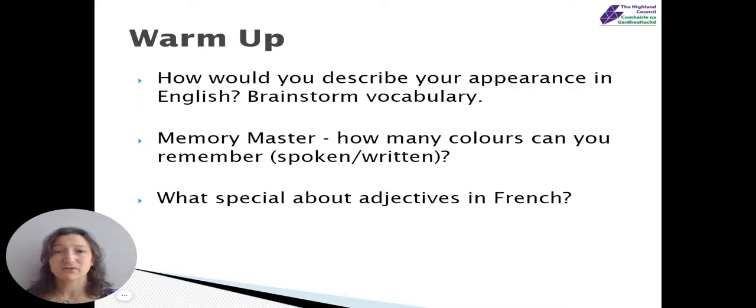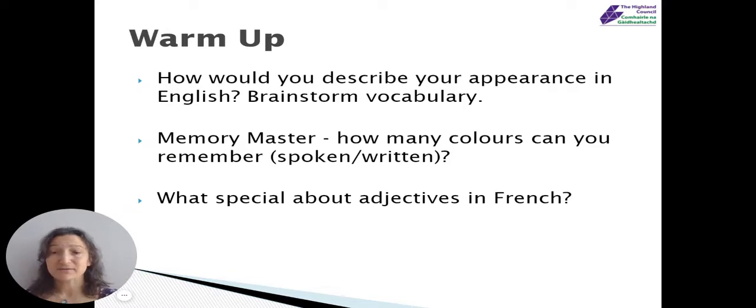First of all, I'd like you to think about how you would describe your appearance in English. And you might do this as a discussion or as a written brainstorm, as a class on the board or in groups. Good way just to get the learners thinking. Could also link this in with literacy and try and get the learners to identify what type of words they're using.